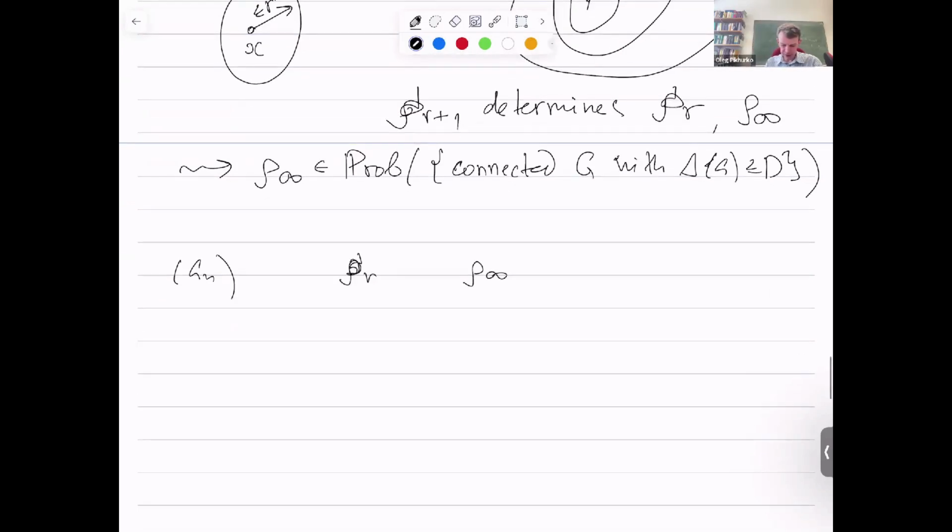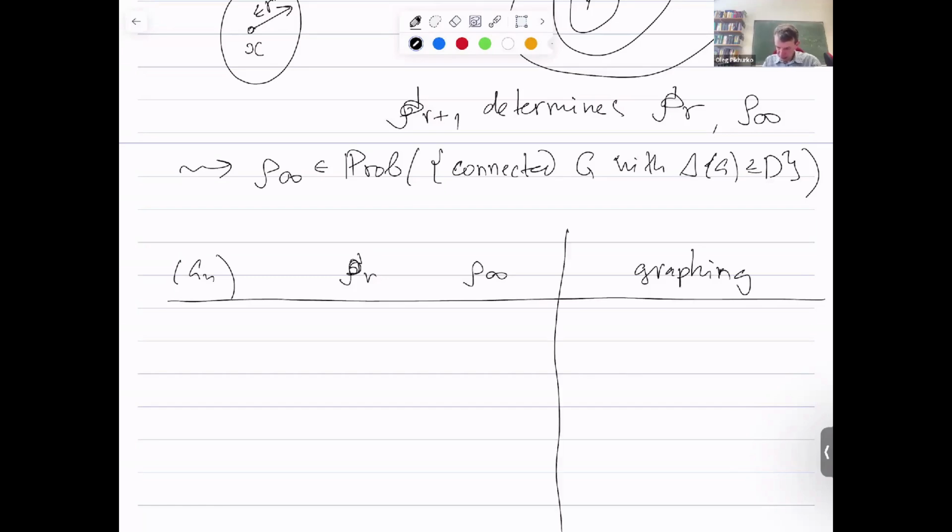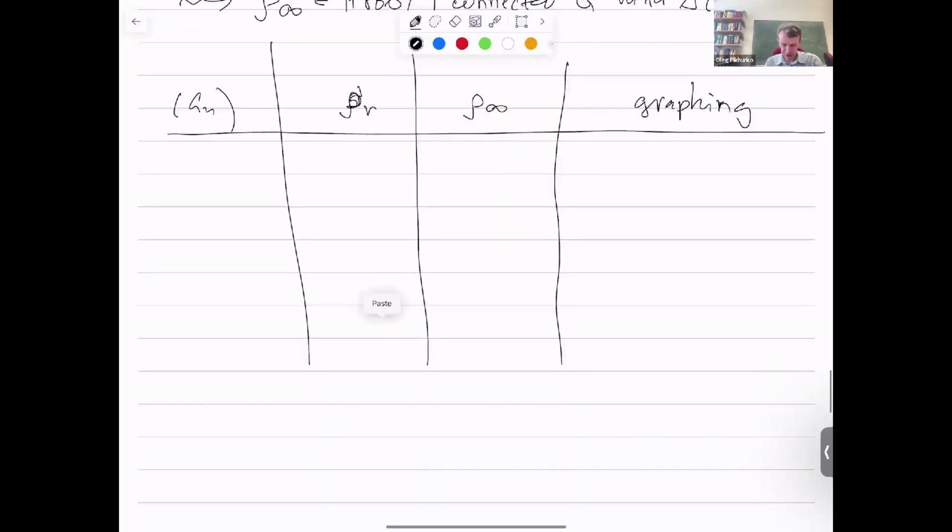And so, for example, let's look at some examples. I'll need two more lines. One would be rho, and then this will be the graphing. That will be another way to represent this limit. Suppose I look at this example Cn. Then we argued as before.